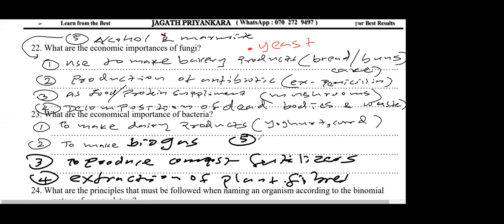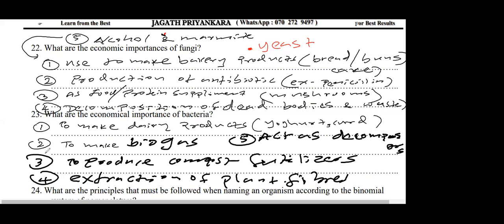That is also economically important, globally important. Who are the two groups of decomposers? Bacteria and fungi. They decompose dead bodies of organisms. Act as decomposers.